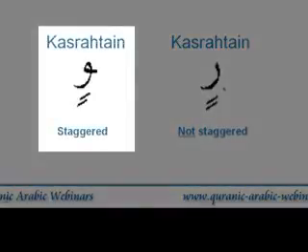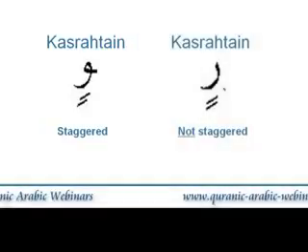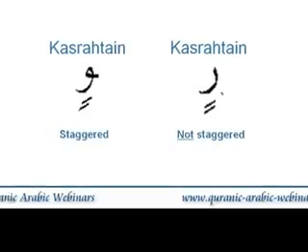And here we have the letter Waw, and if you look at the kasratain underneath it, you'll see it's slightly staggered. The first kasra is slightly behind the second one, and this is very subtle in the Quran, and many people read the Holy Quran for many years and never notice this, and it's indicating some special pronunciation rules between the two. So one's staggered and one's not staggered.